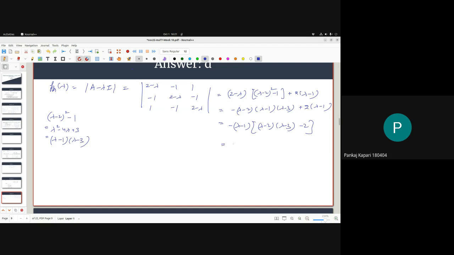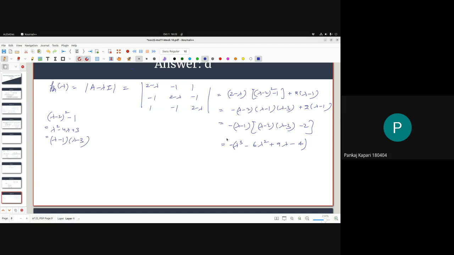Okay, so if you expand it, you will just get lambda cube minus 6 lambda square plus 9 lambda minus 4. Okay, negative of this.